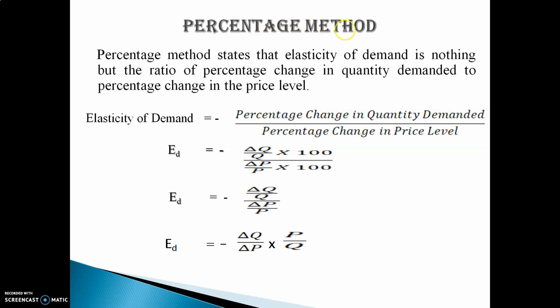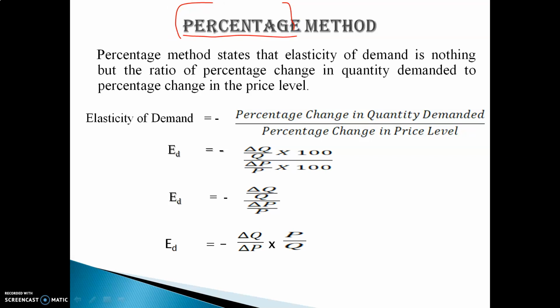Today we are going to discuss the percentage method of finding out price elasticity of demand. So what is the percentage method? The term percentage, see, this is an important factor for finding out the entire thing. This is the most important component which you need to consider.